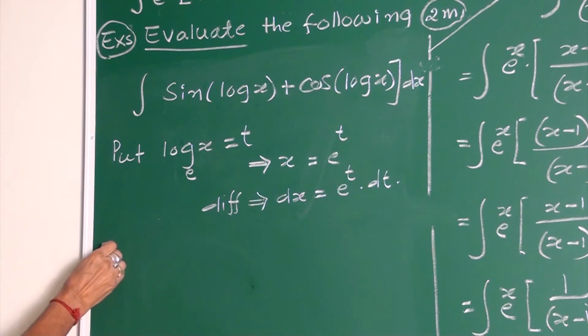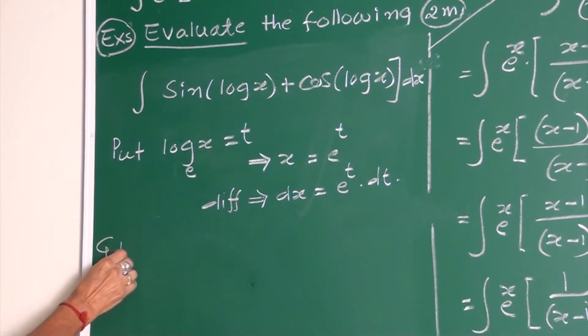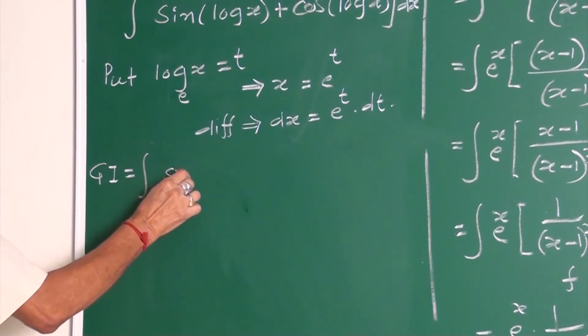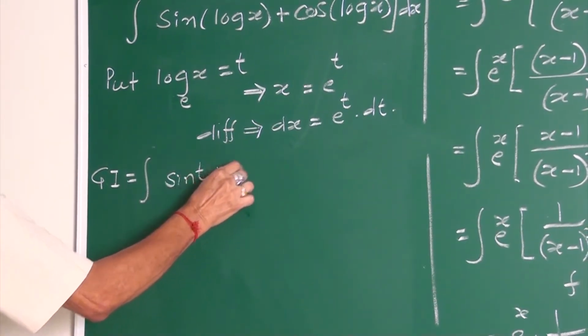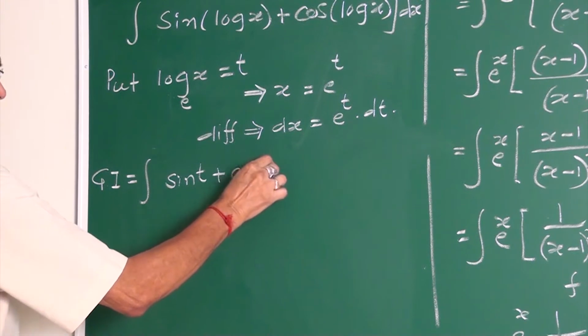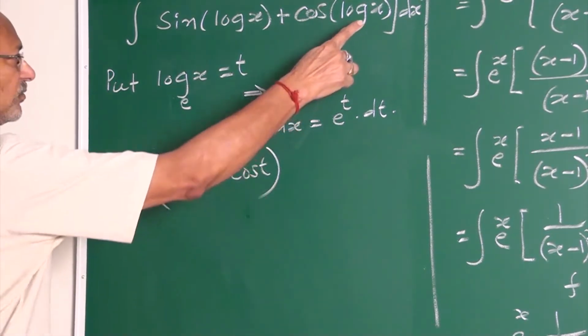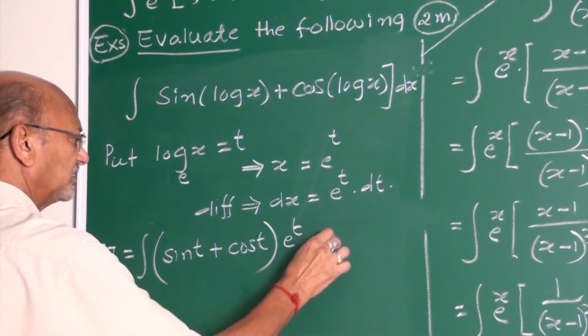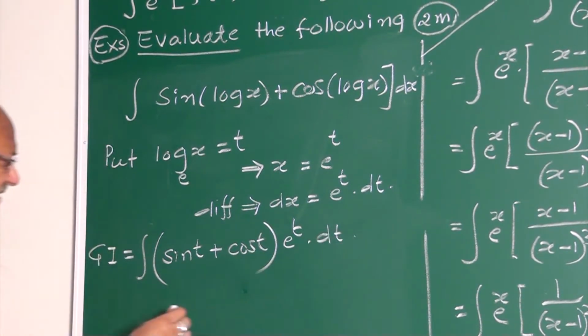Substitute now. Therefore, the given integral is sin t plus cos t, and dx is e^t dt. Rewrite it.